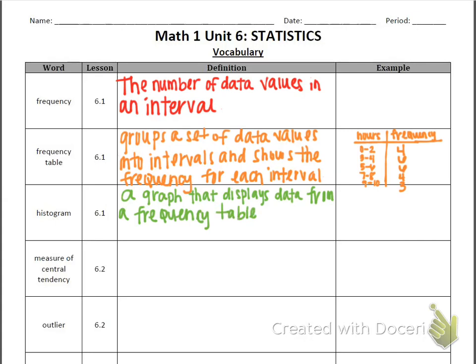A histogram kind of looks like a bar graph. So remember back in the day in elementary school when you guys would make bar graphs? A histogram looks kind of like a bar graph, but it uses the information from our frequency table. So we are only looking at quadrant 1 here, so it's more of like a chart. It's not something that we would necessarily have to do on graph paper.